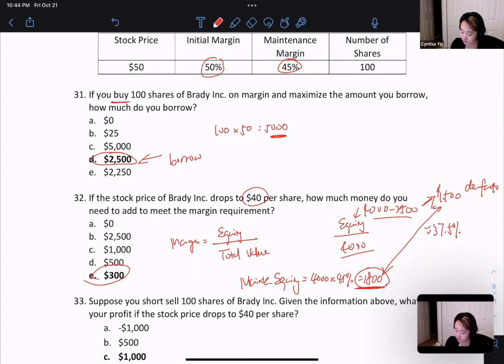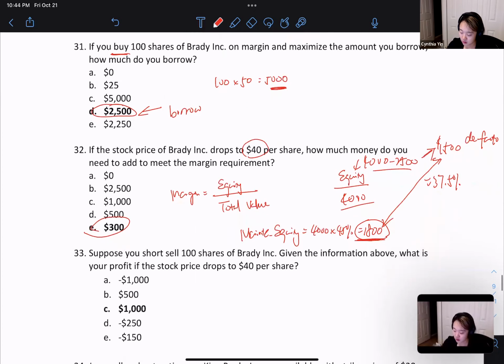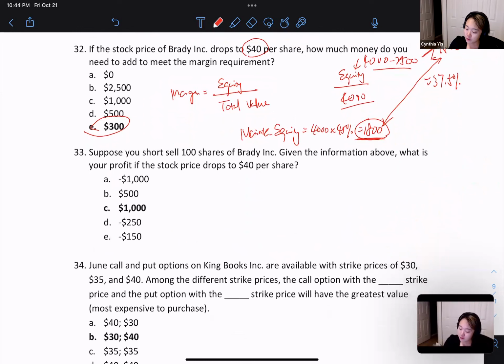Okay. And let's see, if you sell short 100 shares, given the information above, what is the profit if the stock price drops to $40 per share?